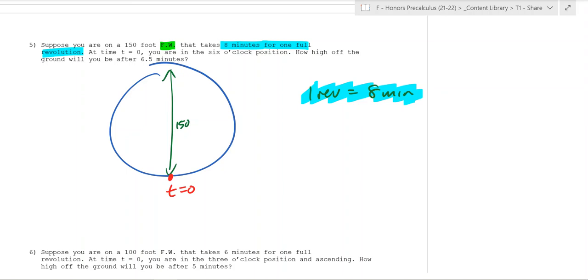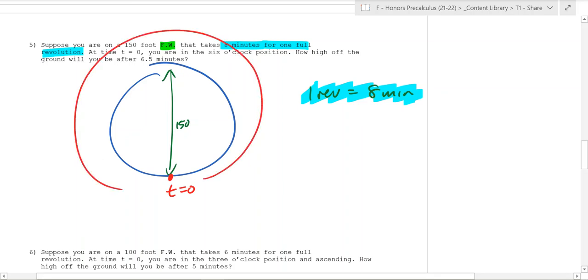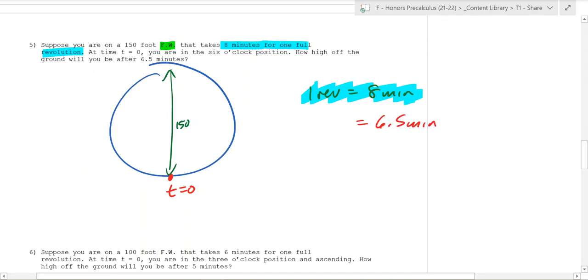So how high off the ground will we be at 6.5 minutes? So 6.5 minutes, so it goes all the way around in 8 minutes right here. So you can say, how much of a revolution do you go in 6.5 minutes? Well, we don't know, but we know 1 revolution is 8 minutes.